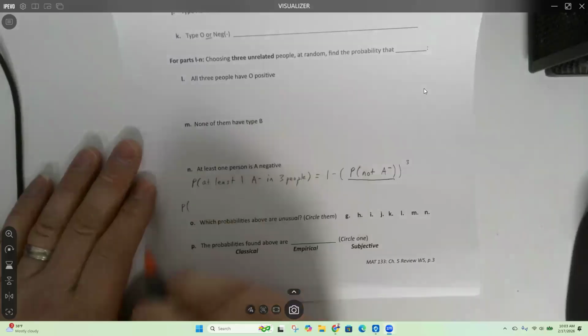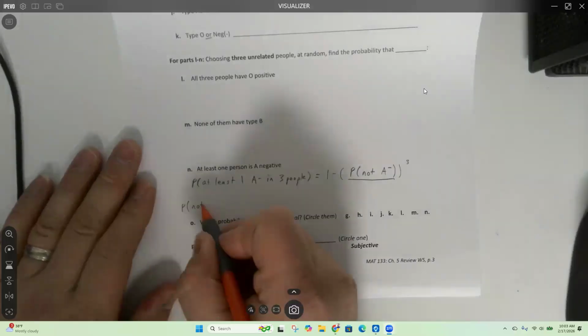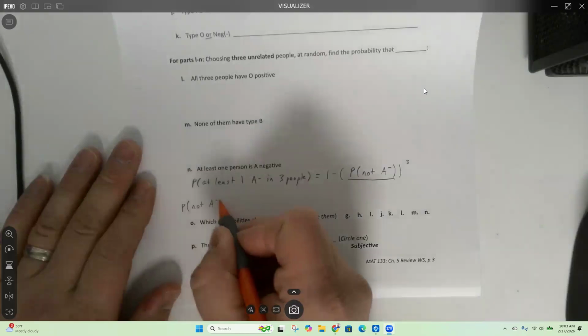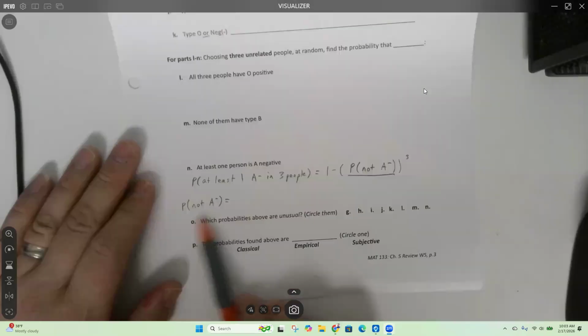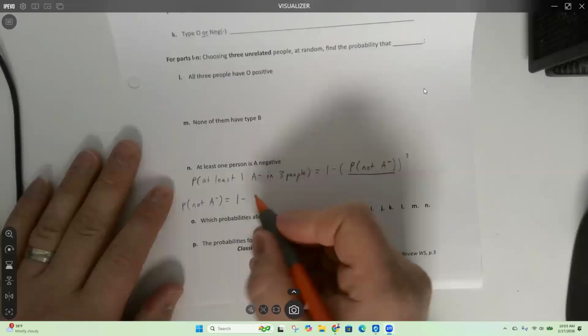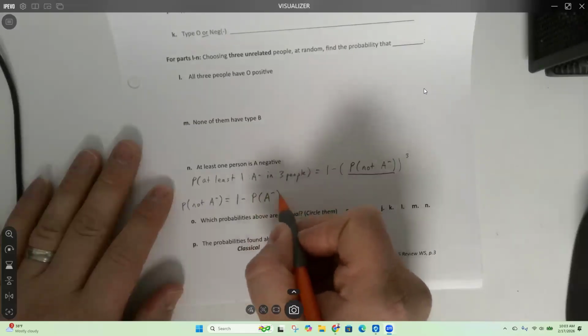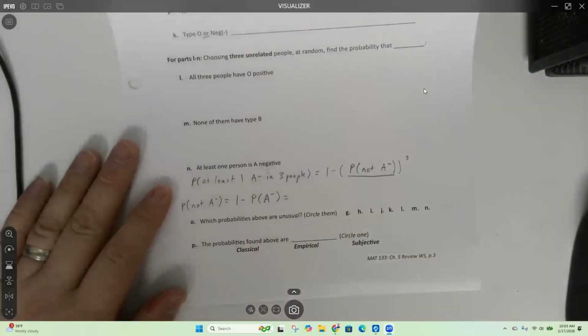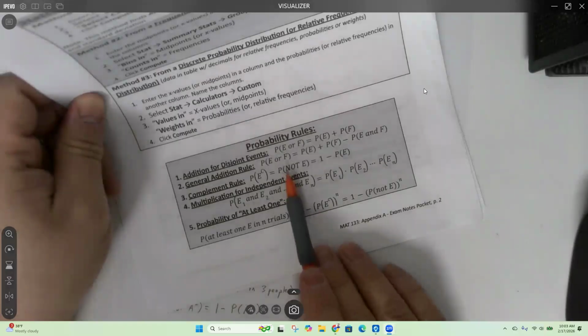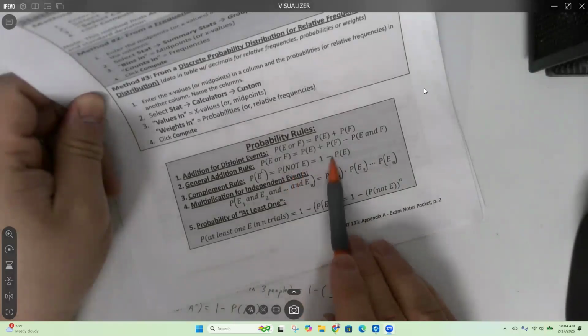It's kind of like two problems in one. The probability of not A negative is 1 minus the probability that they are A negative. That's the complement rule here. Probability of not E is 1 minus the probability that it is E.